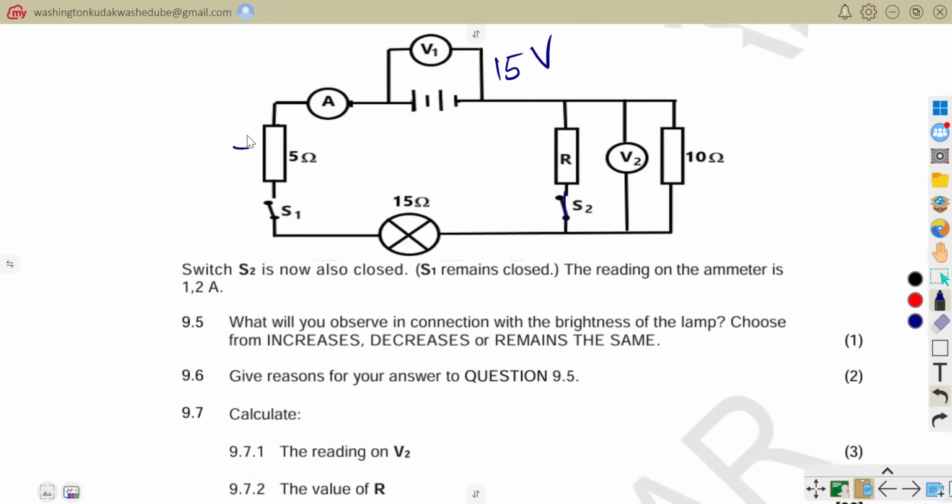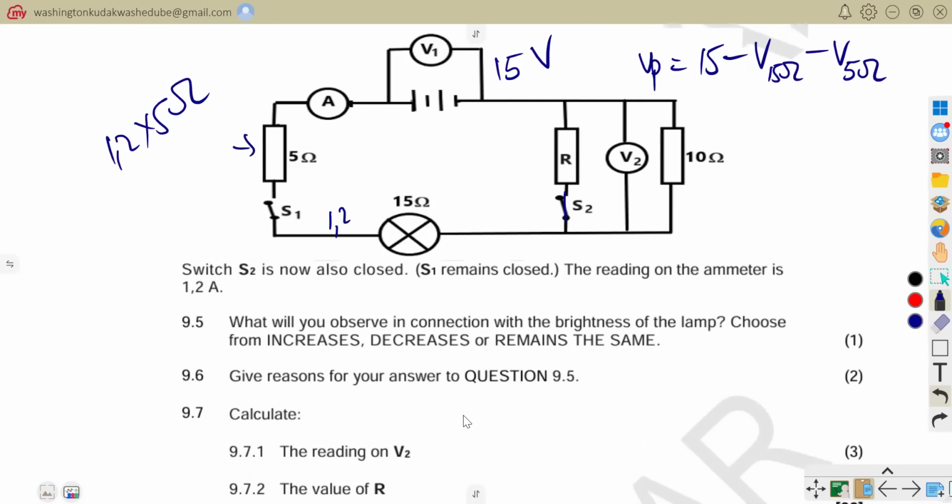Now we can calculate the voltage there, which will be 1.2 times 5 ohms, and here also 1.2 times 15 ohms. If we add these and subtract them from the total, we are supposed to get the voltage on the parallel circuit. So the voltage on the parallel circuit is going to be equal to 15 minus the voltage on the 15 ohm resistor minus the voltage on the 5 ohm resistor.